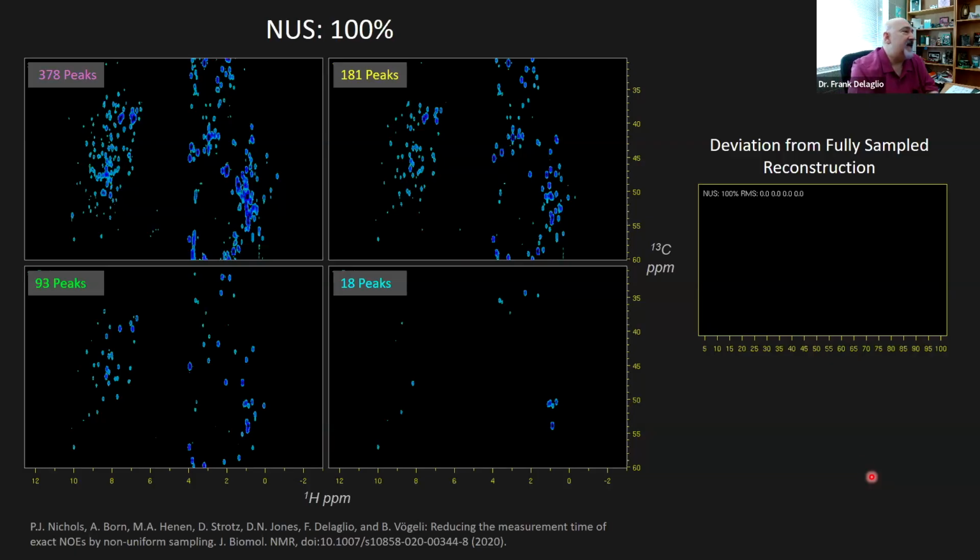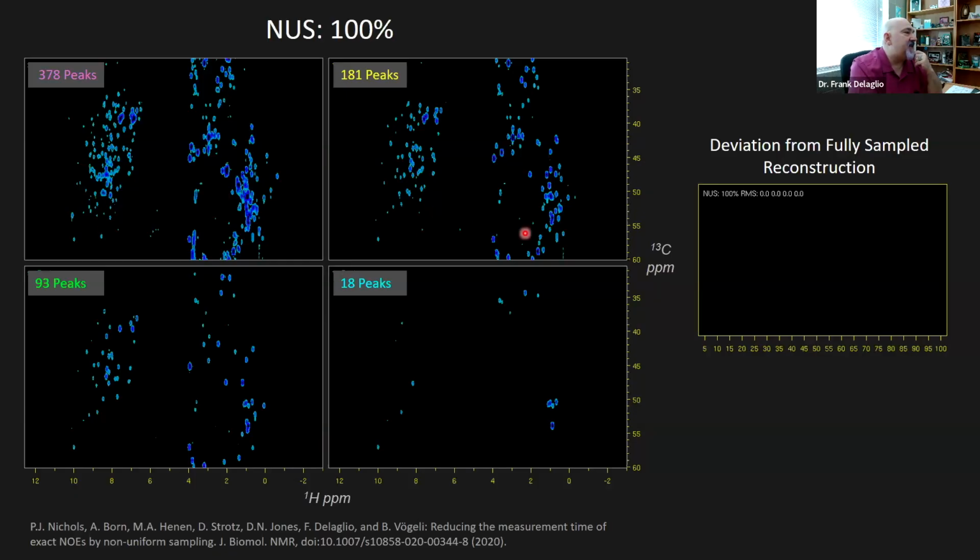All right? And here's a case that's based on a 3D NOE spectrum. And we have a model of all the signals in the proton-carbon plane of this 3D data. In the fully sampled spectrum, we can see 378 peaks, and this is synthetic data that mimics the actual spectral data, and it has distortions added into it to make it more realistic.